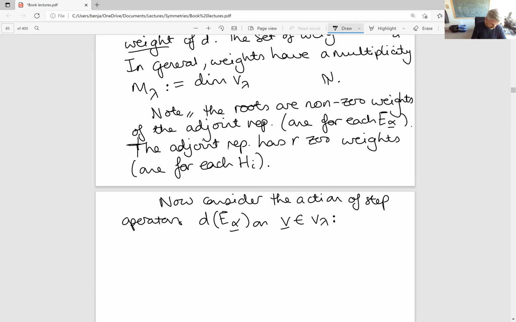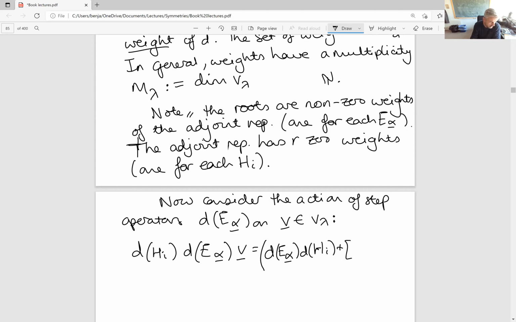So, our representation of H_i acting on our representation of E_i acting on V. Well, we can just use the commutation relations here. We add something on and then take it away again in the commutator.